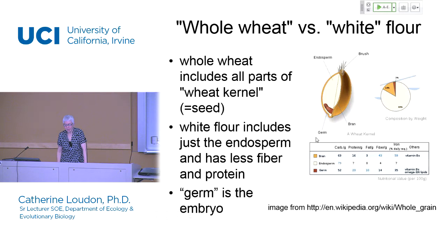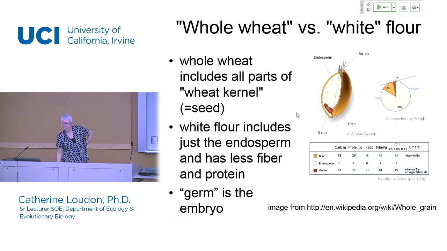We've got the part labeled germ here. This just simply means the embryo, so this is the developing sporophyte, right? And it's packaged here in a seed. The outer part is referred to as the bran. And here in the middle is the endosperm, that triploid tissue, which is the result of that second fertilization event where the second sperm fertilized that one cell in the female gametophyte.